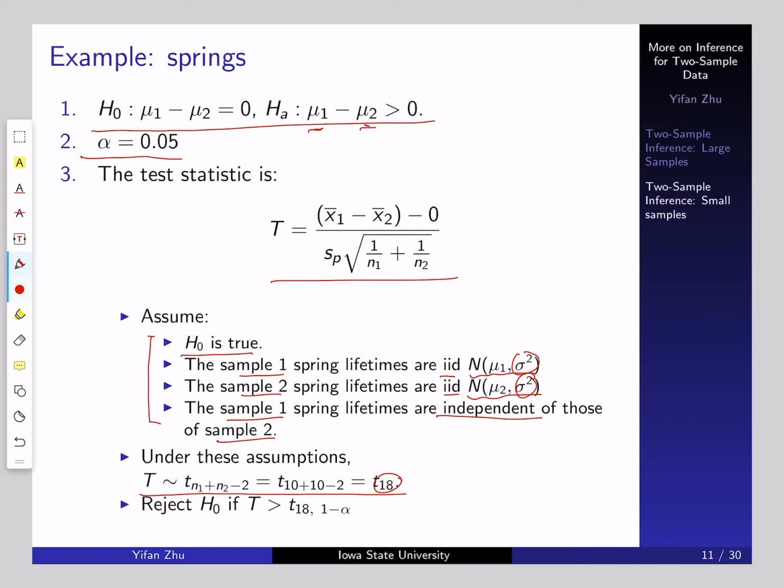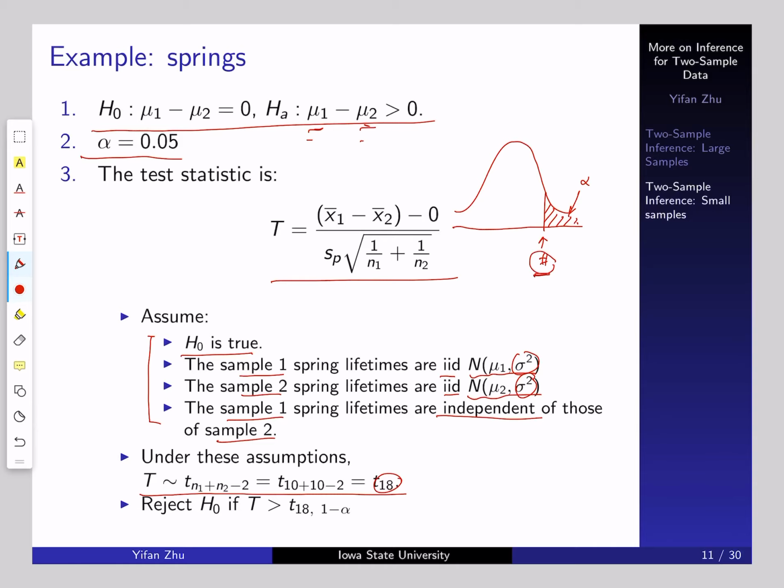And since it is a one-sided test, the alternative is that mu1 minus mu2 is greater than 0. So we will reject the null hypothesis when the test statistic is greater than this critical value.